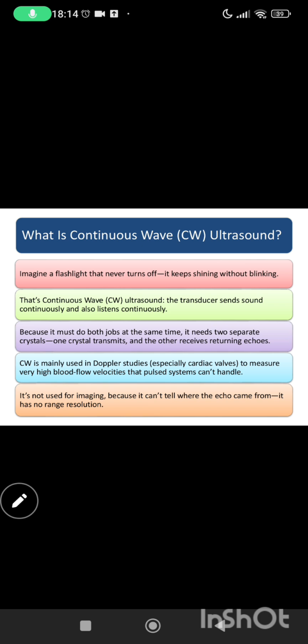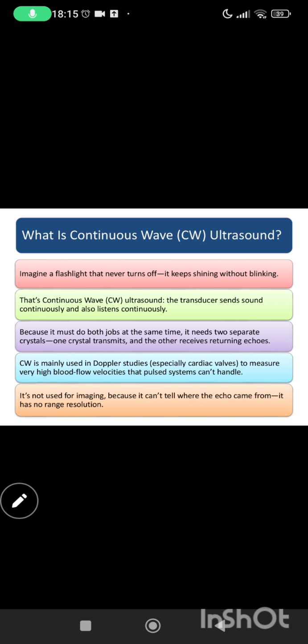Okay. What is the solution for the wall thump artifact? It is the wall filter. Yes, we will increase the wall filter to reduce the wall thump artifact.